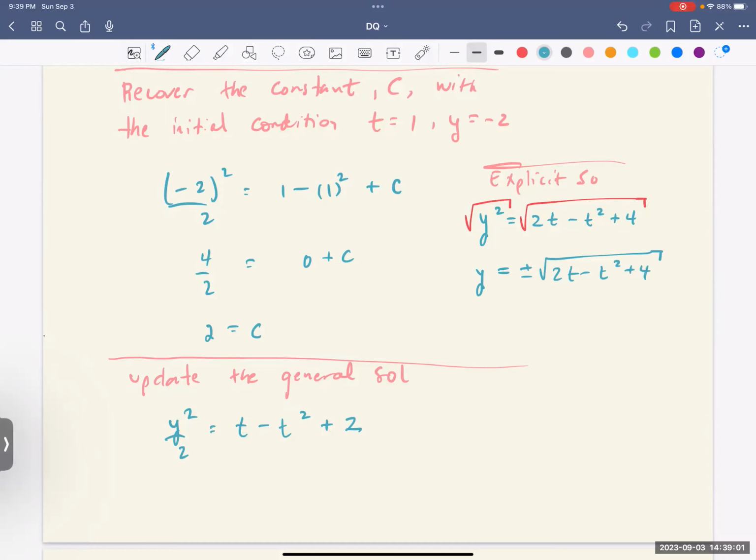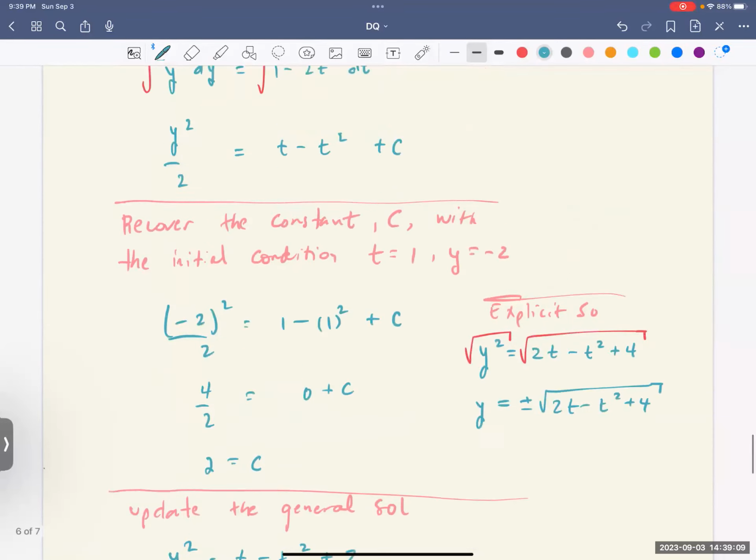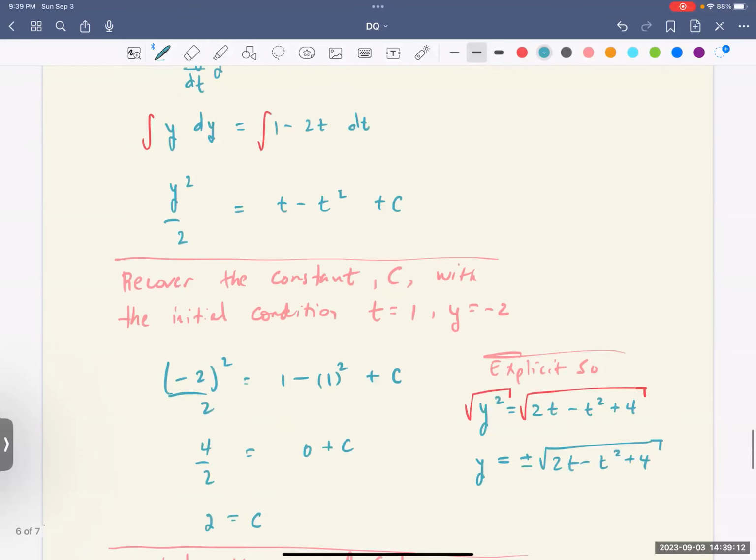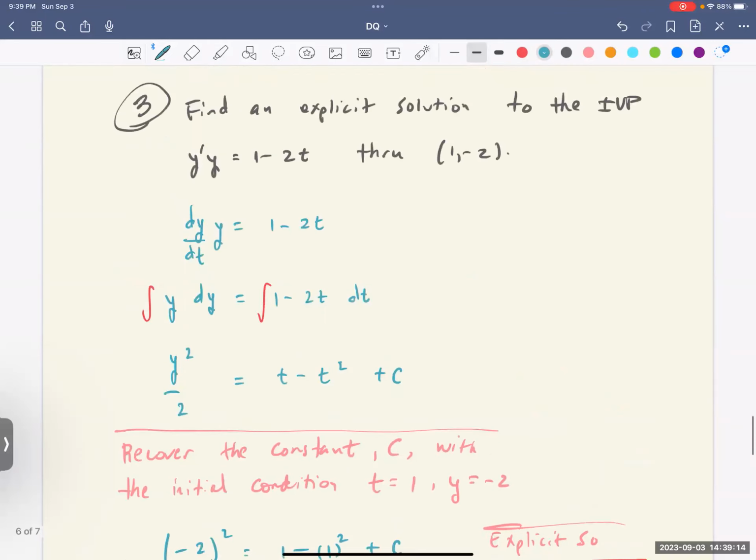But then you have to pay attention here. This is telling you the solution y outputs a plus value or a minus value, and we're going to need to pick one in this case because of the initial condition. Notice the initial condition outputs a negative value.